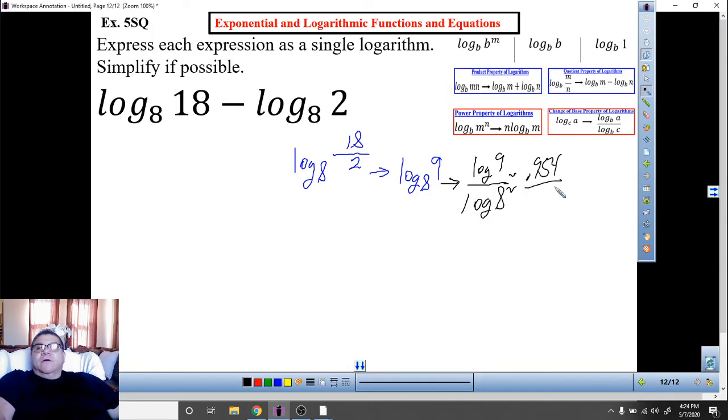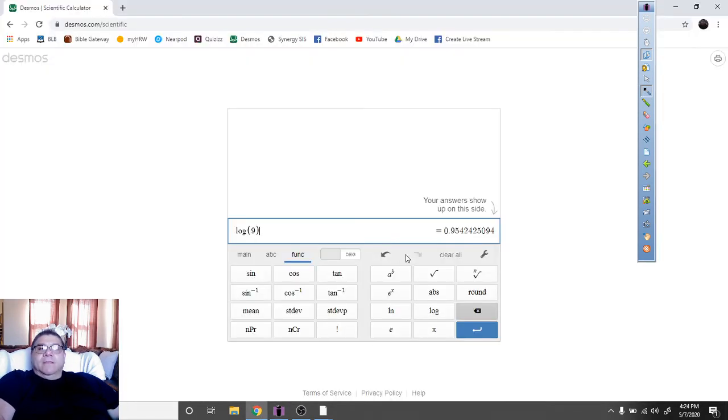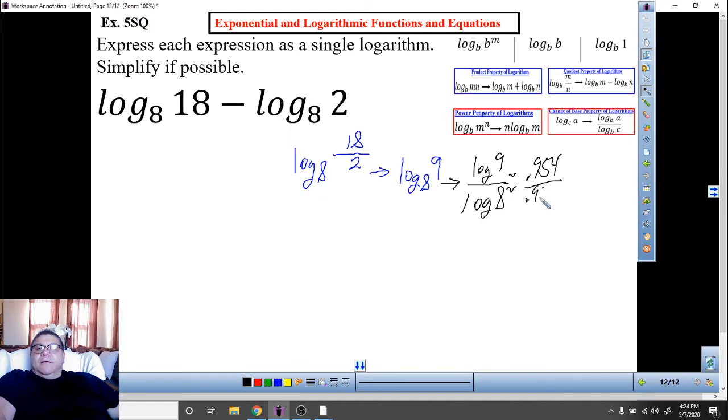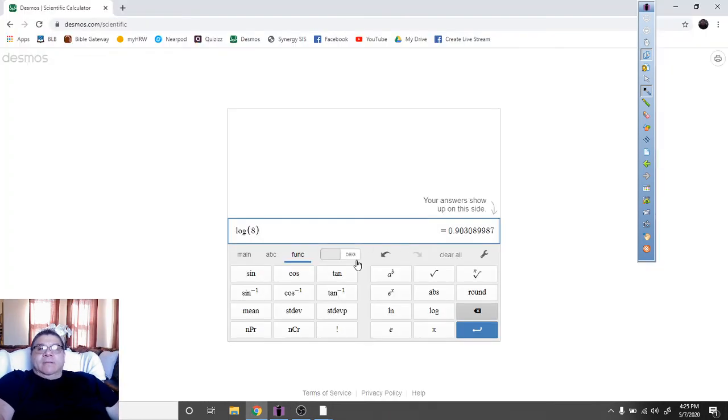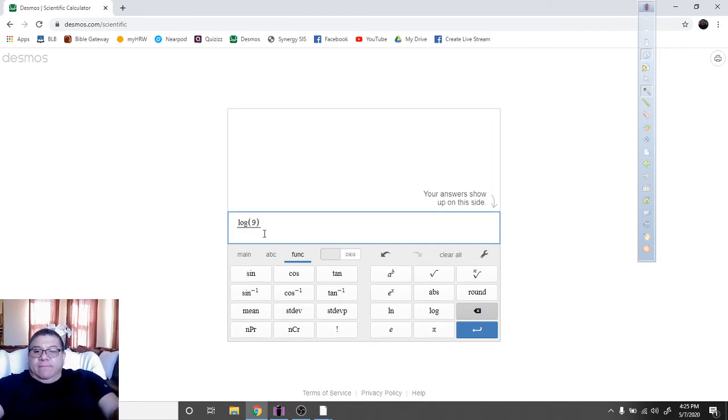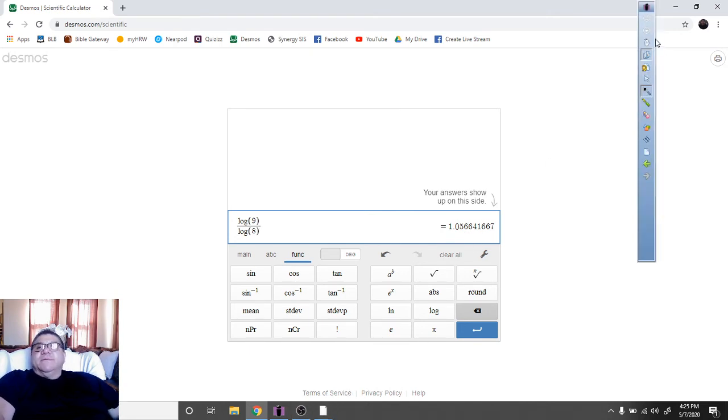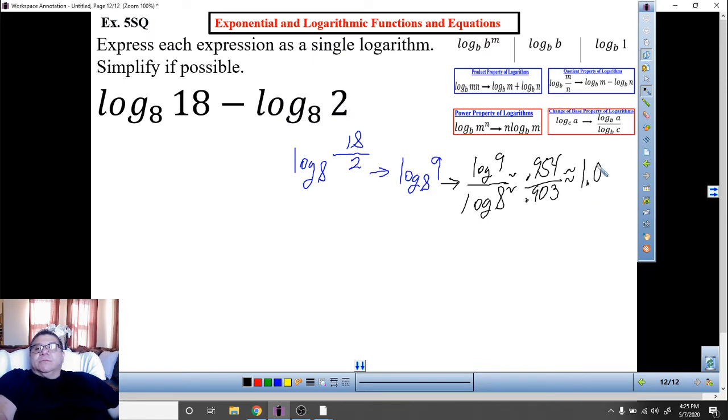Over log 8, 0.903, and this is approximately, let's see, log 9 divided by log 8, and that gives me 1.057. So what do we notice?